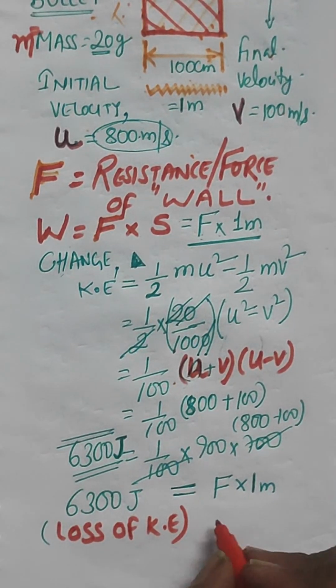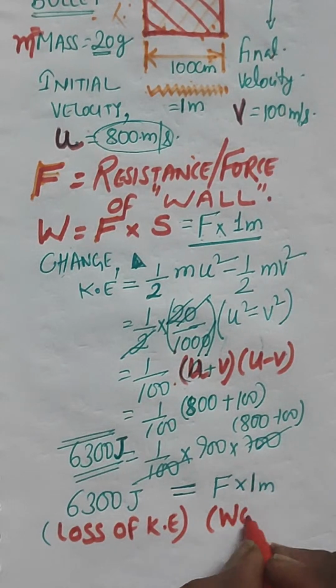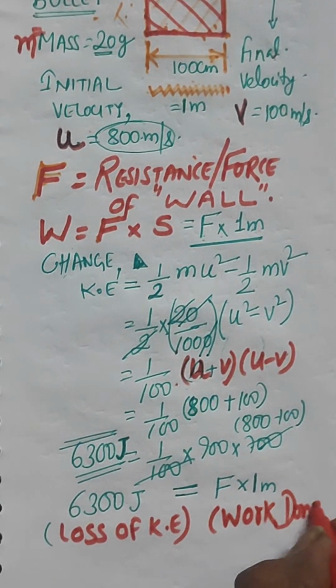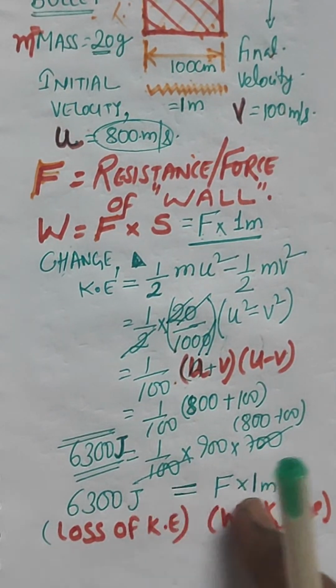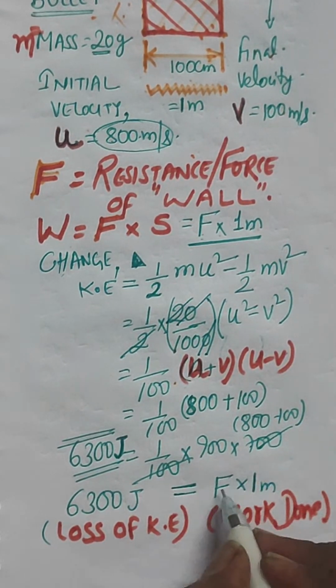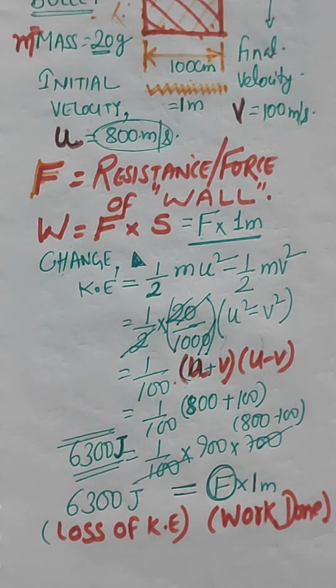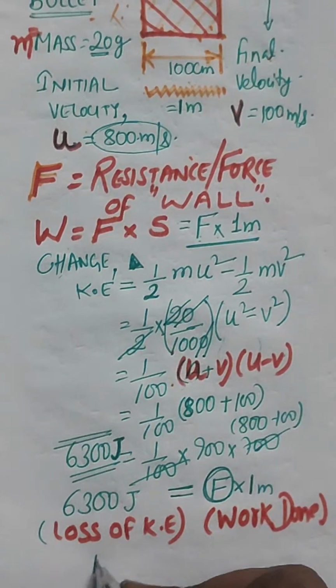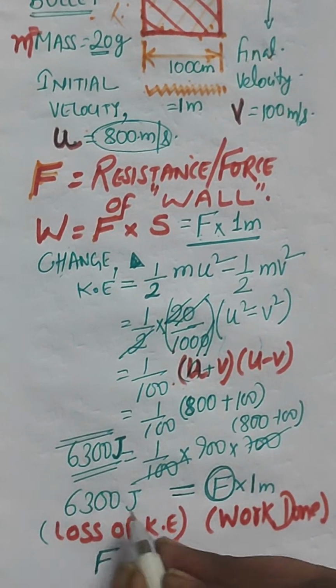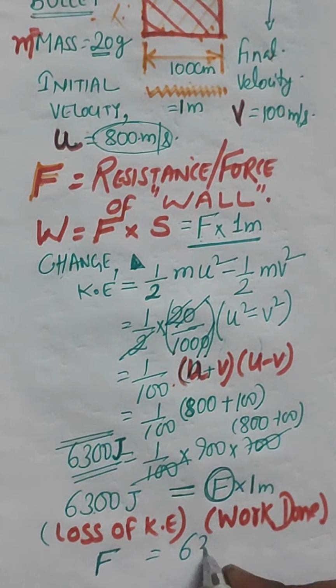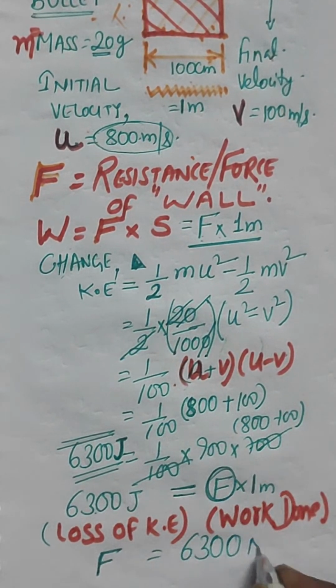Now this is the work done. If you equate it, you can see the only variable with us is F, right? So F can be easily calculated as 6300 joule by 1 meter, which is equal to 6300 Newton.